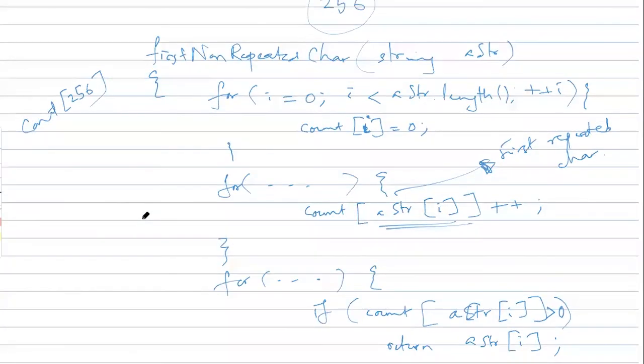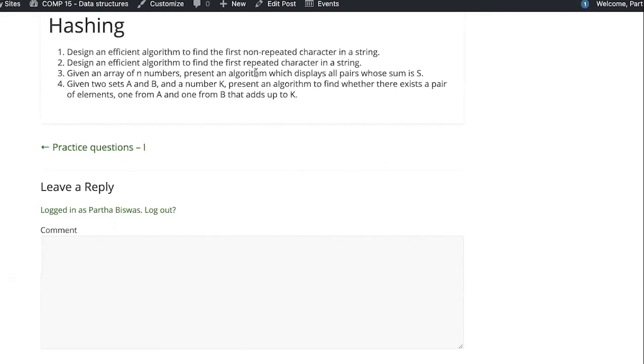So just let's do this one last. So the question here is that given an array of n numbers, display all pairs whose sum is s, right?